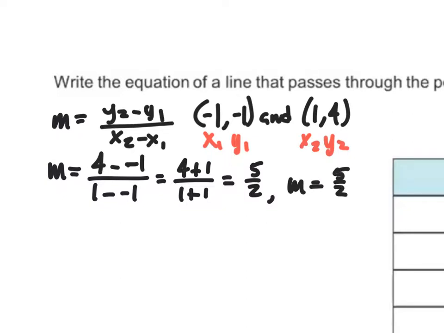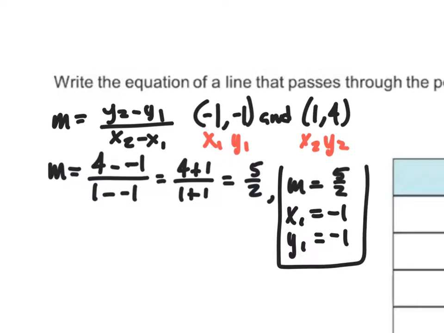I'm going to use this point to help me write the equation of that line. So x sub 1 is equal to -1, and y sub 1 is equal to -1. I'm going to use these values in point slope form: y minus y sub 1 is equal to m times x minus x sub 1.